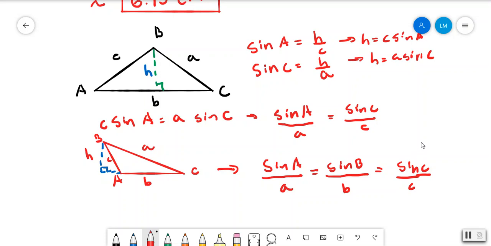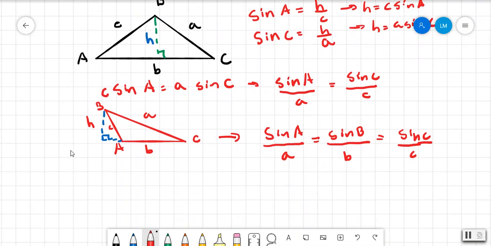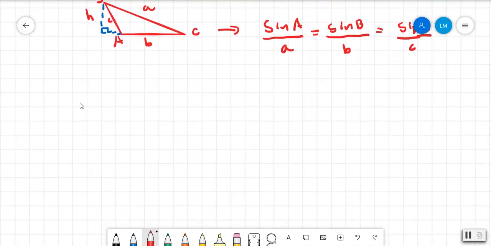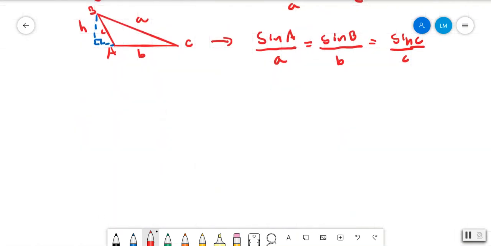Let's go ahead and look at, for example, a problem where you're trying to use the application process, just an example where you try to use law of sines. So let's say that there's a river.